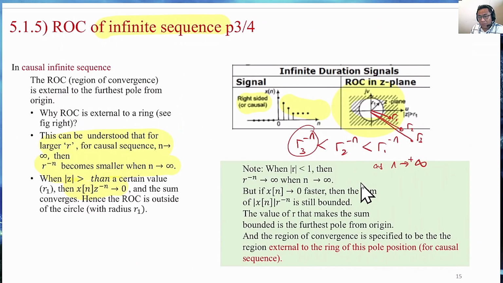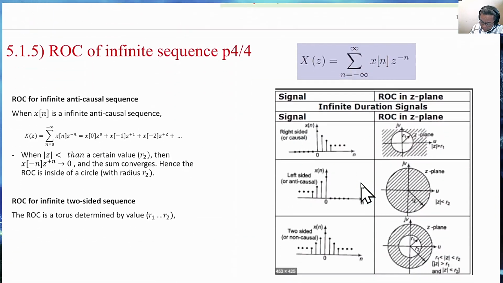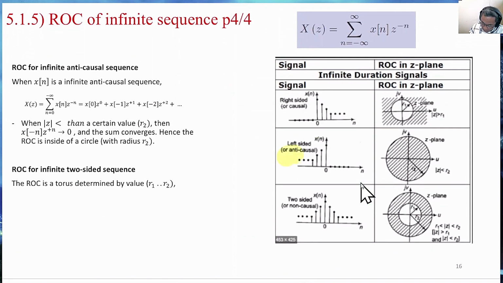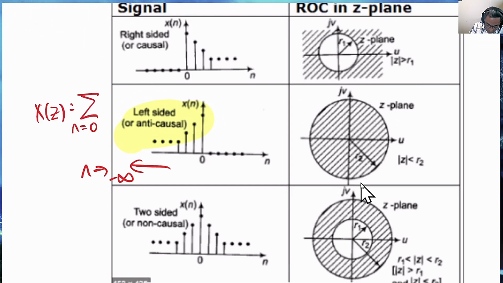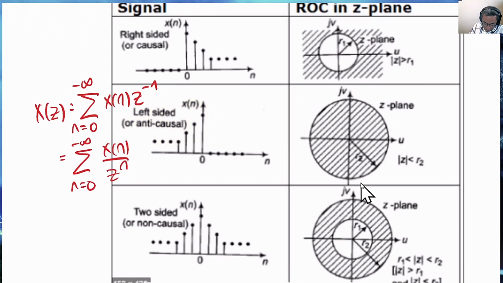Now what about an infinite sequence that is anti-causal, which is this case over here? In this particular case, you realize that as n tends to negative infinity, X(z) equals the sum from n equals 0 to negative infinity of x[n] z to the minus n, we have this equation.